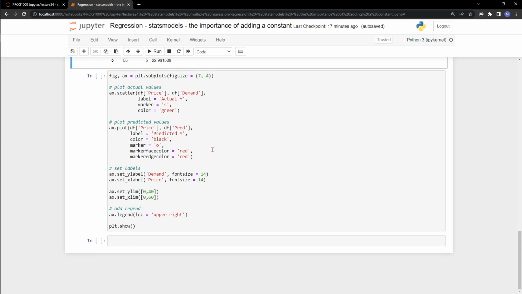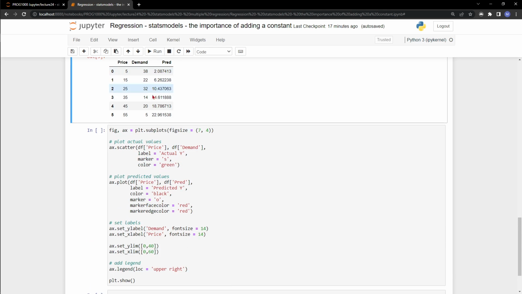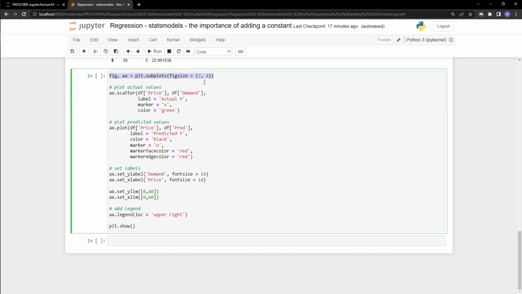And if we want to plot our data points plus our predicted demand based on our model, then we can just make this figure. We define the figure size here, and we want to plot several things in one figure, which means that we have a scatter plot for the actual values.